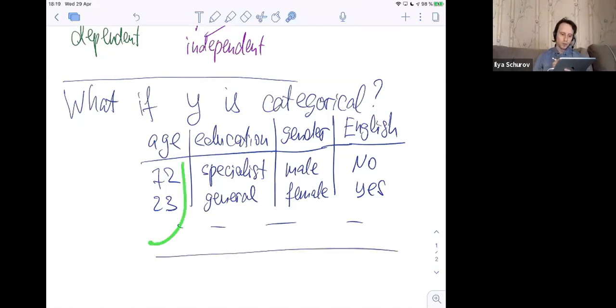It is possible that we have some numeric variables here, some categorical variables here, and finally we have a categorical variable as our dependent variable, the value that we want to predict.